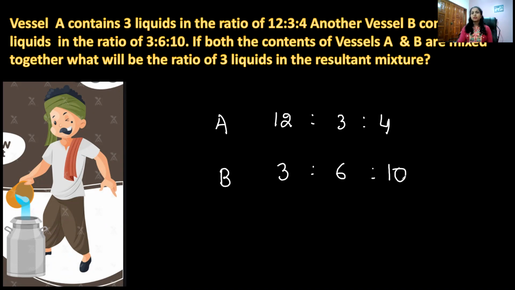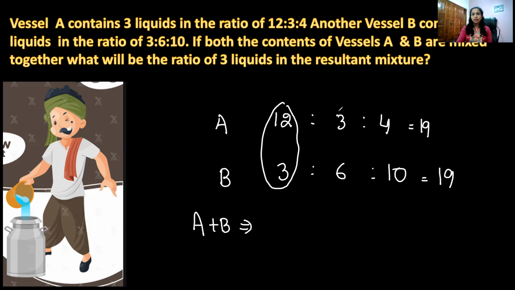First step is to check the sum. So here you get 19, and here also you get 19. So the steps are the same. Even if you mix three liquids, for the resultant mixture of A plus B, we are just going to add them like that.